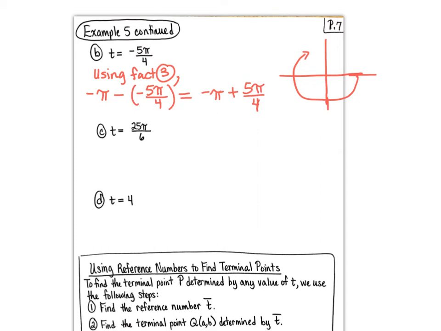Negative pi is the same thing as what? If you want to think of it in terms of a fraction, with the denominator of 4. Negative 4 pi over 4. Good.